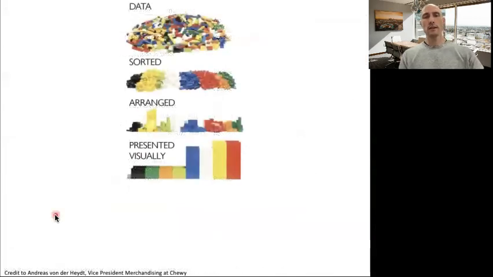So let's try to make sense of this point. This is what happens when you look at many parameters using, for example, peripheral blood. You have your data, you sort your data, you arrange your data, and then you present it visually. And why do you do that? Well, the first thing is you do a qualitative analysis.